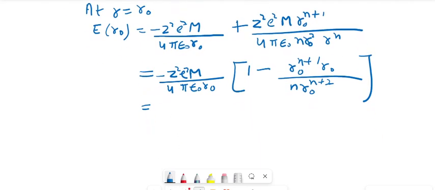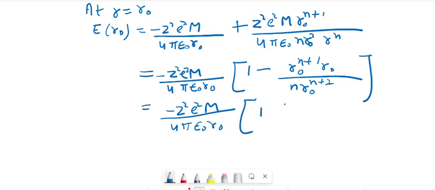Again solving, I get minus Z square e square M divided by 4 pi epsilon naught R naught into 1 minus R naught to the power n plus 2 by n R naught to the power n plus 2.